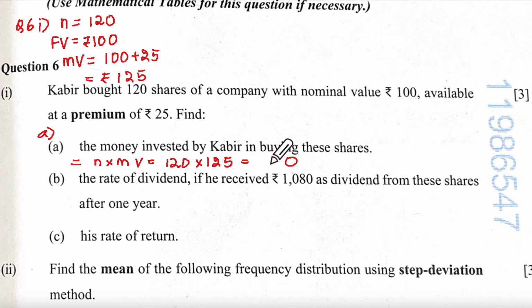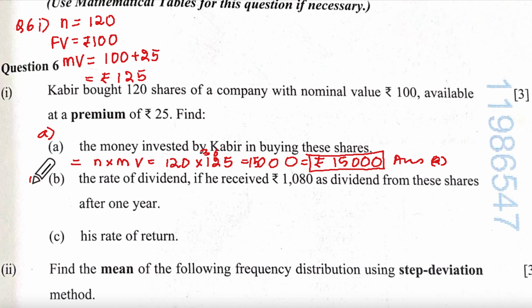So we'll keep this 0, 12 5s 60, carry 6, 12 2s 24, 6 30, carry 3, 12 1s 12 and 3 15. So we have got rupees 15,000 as the first answer.